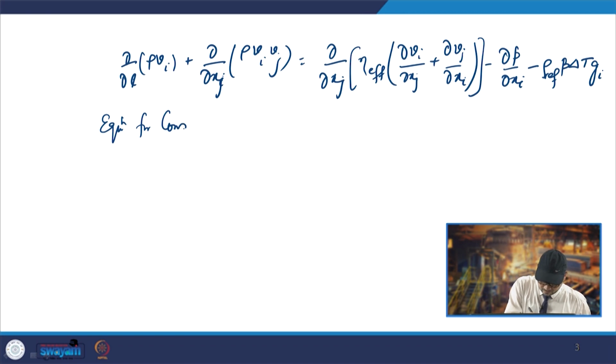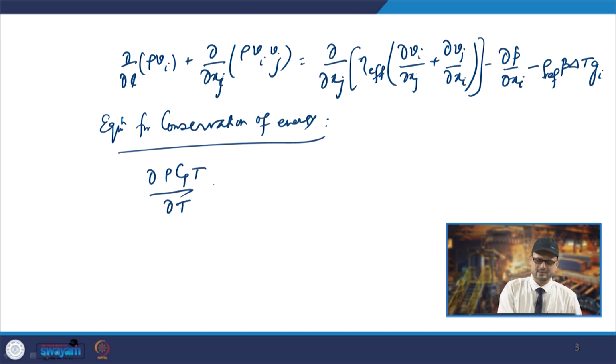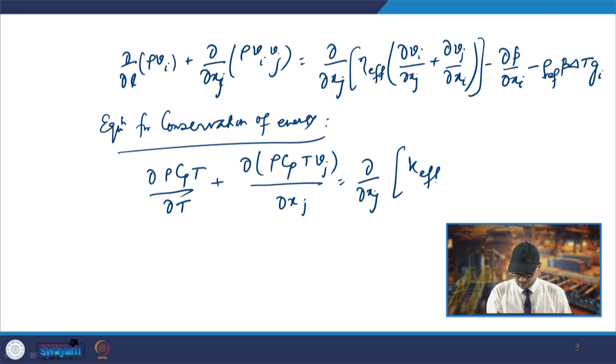Now, when we talk about the non-isothermal conditions, then we also talk about the conservation of energy equation. So, your equation for conservation of energy will have its own form, and it will be like dou of rho Cp T upon dou of t, and then you will have dou of rho Cp T V j upon dou of x j. So, that will be equal to dou by dou x j of k effective and dou T by dou x j.